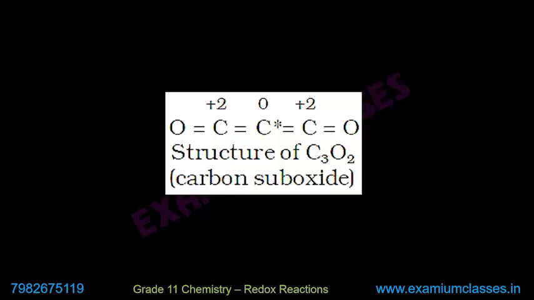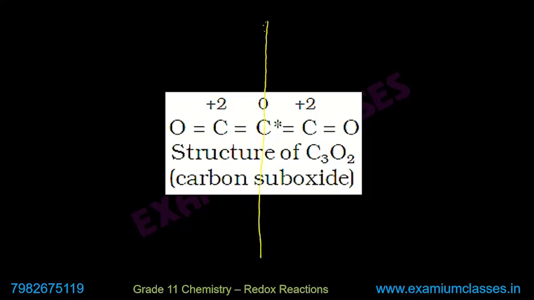So if we see the structure of carbon suboxide, C3O2, this is the actual structure, and you have to memorize the structure in all such cases where it is dependent on the structure. You can see there are 3 carbons, but 2 carbons have oxidation state +2, and the other one has 0. This is related to what I told you in the previous class, how the charges are balanced. If you see a symmetrical structure, draw a vertical line. I hope you remember that I said draw the vertical line if it is symmetrical.